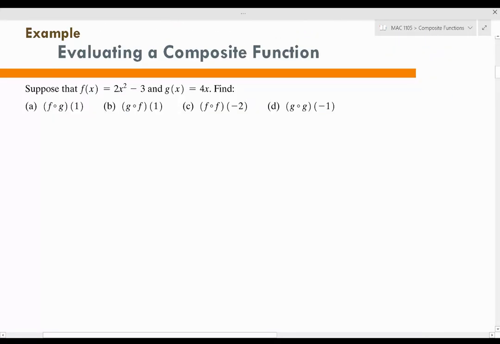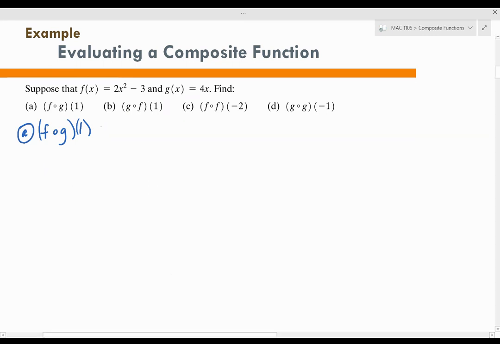It says evaluating a composite function. Suppose that f of x equals 2x squared minus 3 and g of x equals 4x. Find the following. A is telling us to do f composed of g of 1. That's our standard notation for composite functions.